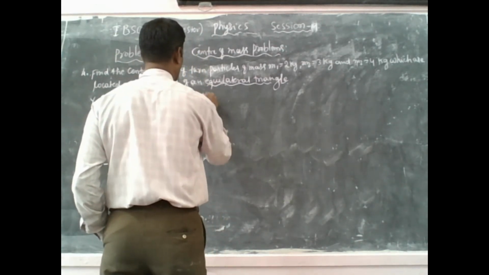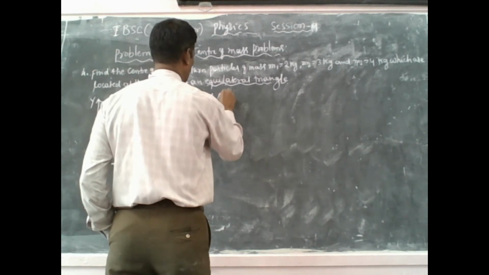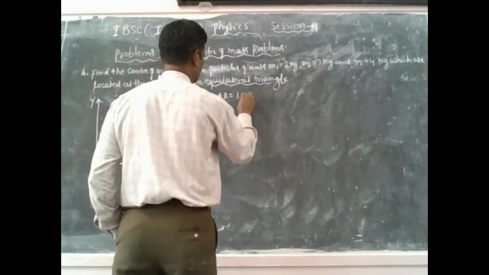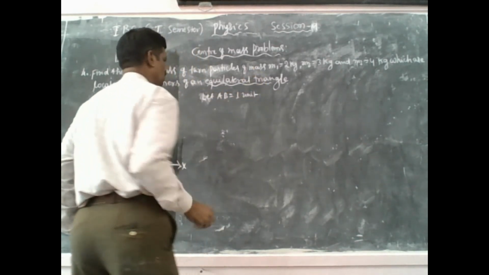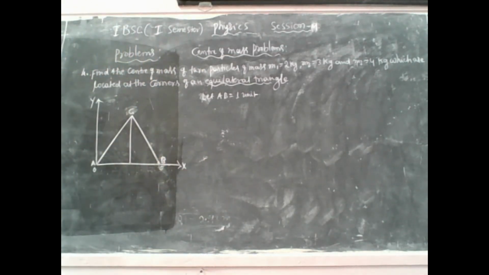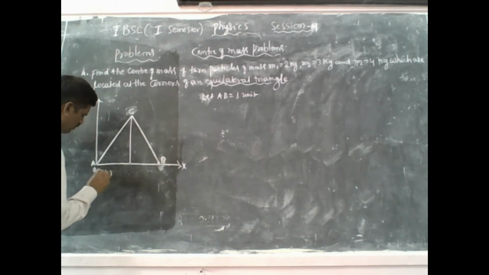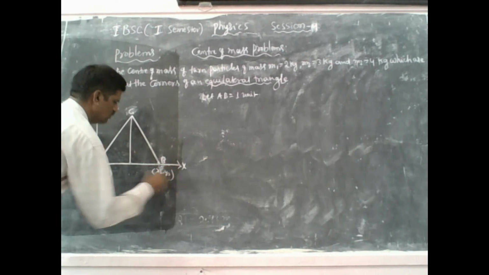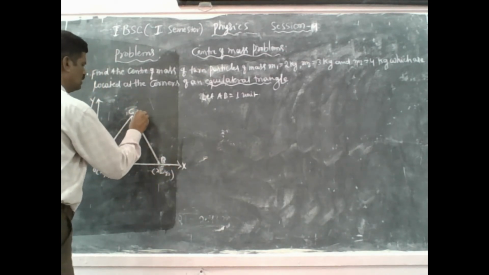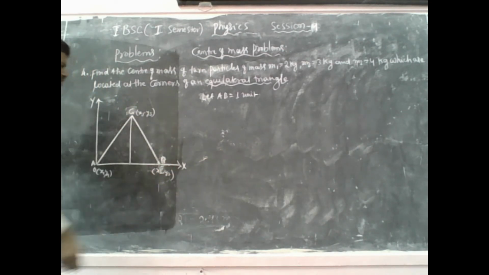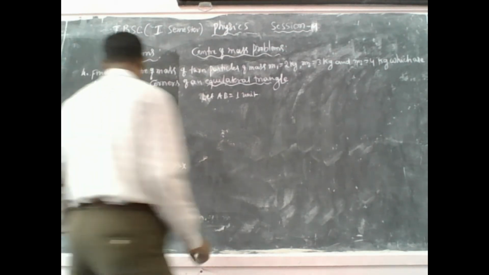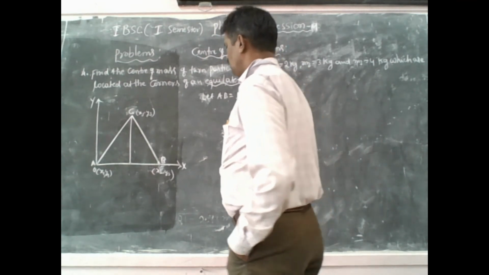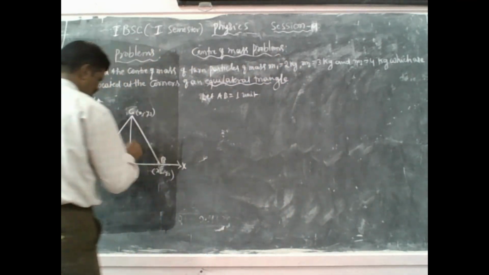Let AB equal 1 unit. And here this is x1, y1. Here x2, y2. And here x3, y3. We have to fix the coordinates first. And then the height of the triangle.